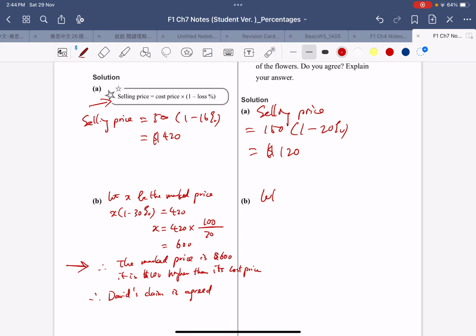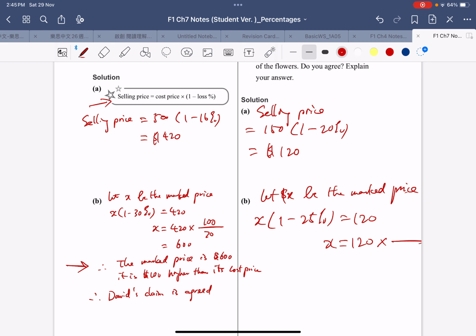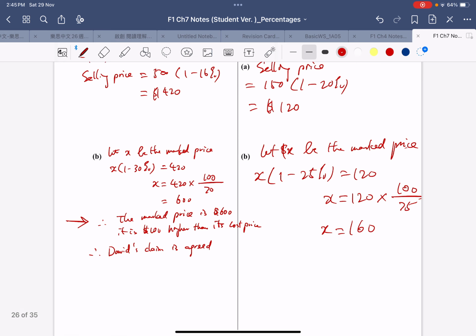And then again, same, let x dollars be the market price. Then you set equations. x times 1 minus 25% equals 120. So x is 120 divided by 0.75, and then x will be 160.